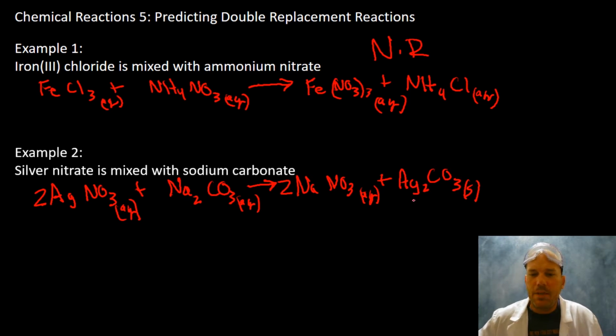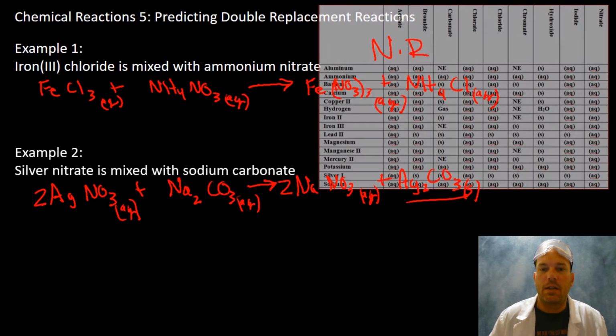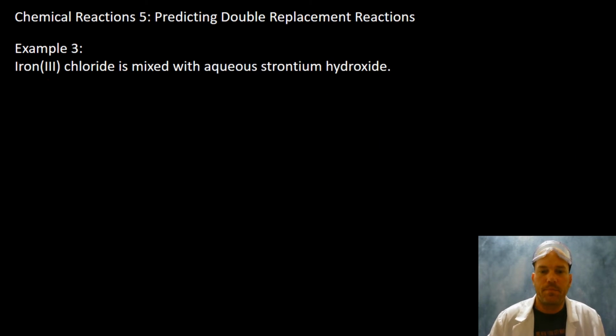Here's our precipitate that's going to form when we mix these. You remember the little video of the lead 2 iodide, the bright yellow precipitate forming. So this is very similar, and we are able to predict the products using that set of rules at the beginning of the podcast. So example number 3, iron 3 chloride.